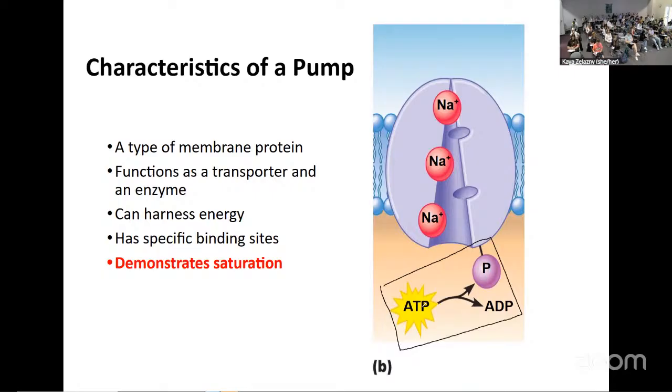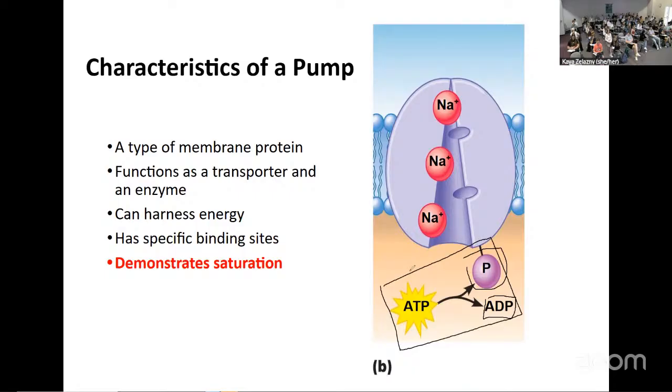Now we're using it. We take ATP with its 3 phosphate groups and break it down, leaving us with our lower energy molecule, ADP, with only 2 phosphate groups, and the phosphate group that we pulled off. This is its enzymatic function, breaking down ATP.